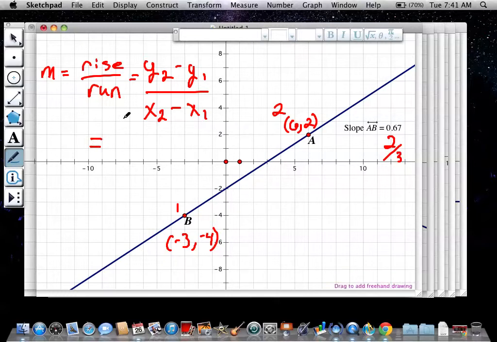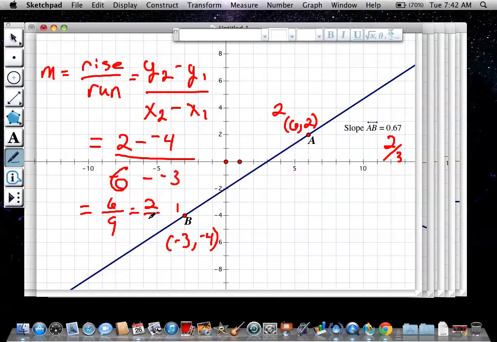So when I plug in, the y2 point is 6 minus, this is a -4, so that's -4, over the x2 coordinate, 6 minus -3. And I plug in and I simplify. 2 minus -4 is 6. 6 minus -3 is 9. 6 over 9 reduces to 2/3, which is the exact slope that I have here.